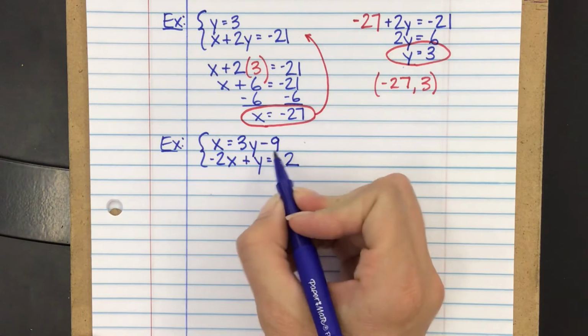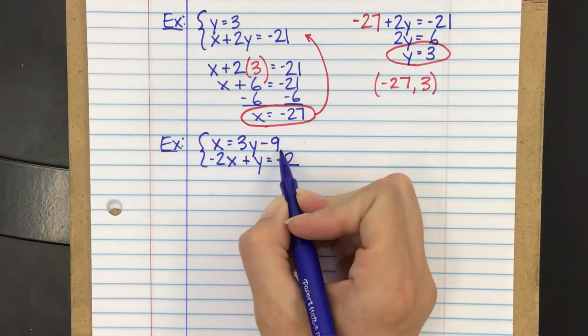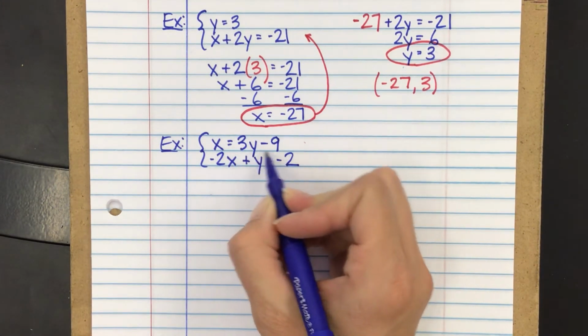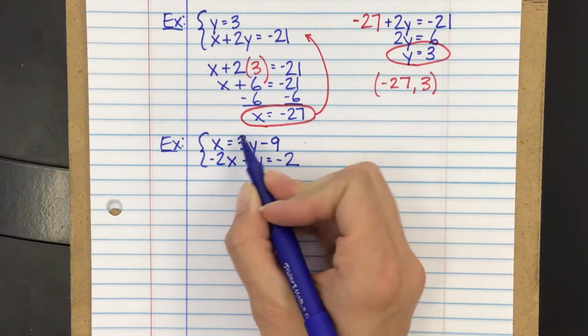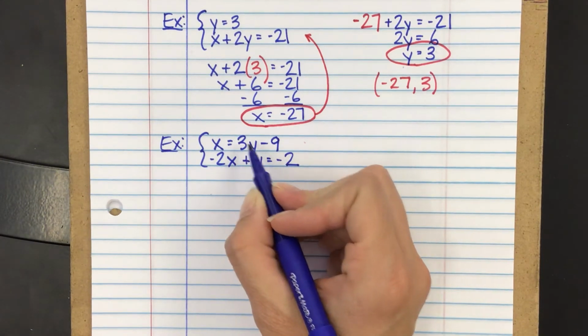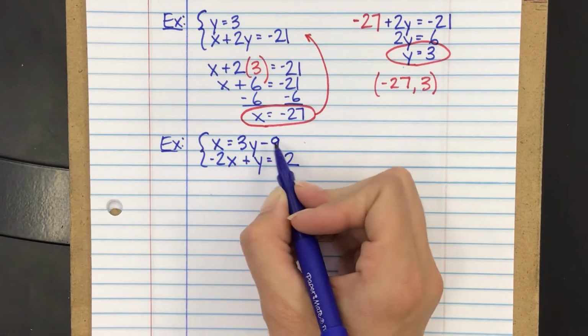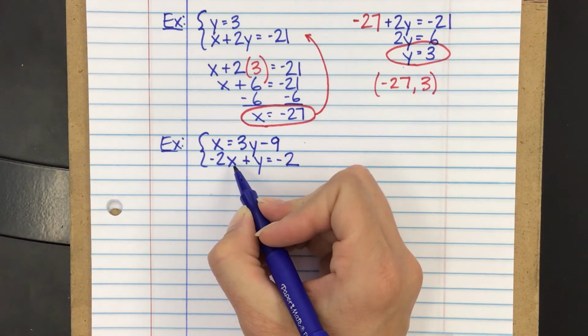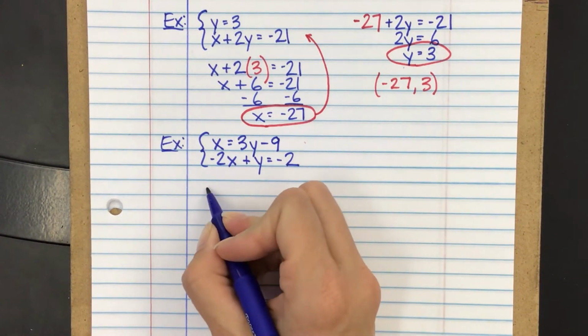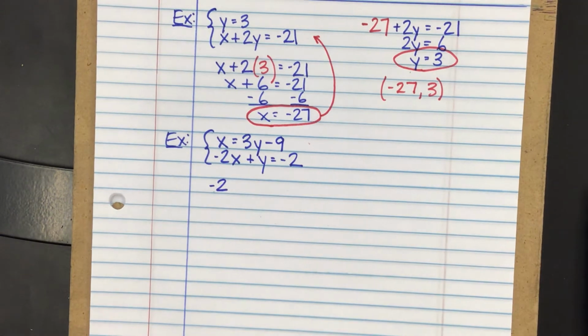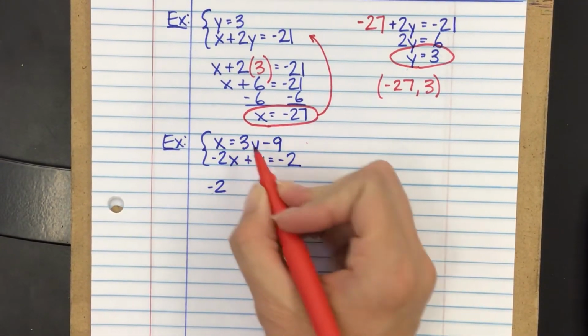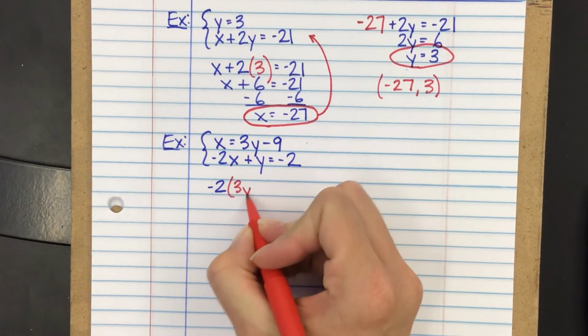Okay? So what this is saying is this whole value right here is x. So x is equal to this whole thing. So we could take this whole thing, 3y minus 9, and plug it in for x. Now when you do this, you're going to want to make sure that you put it in parentheses because it's negative 2 times this whole thing.